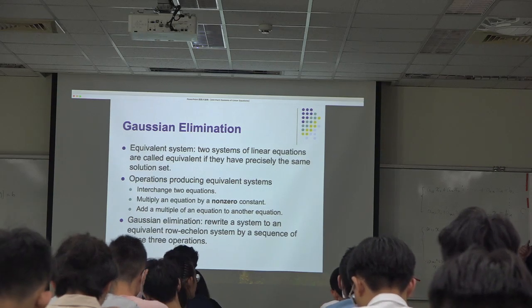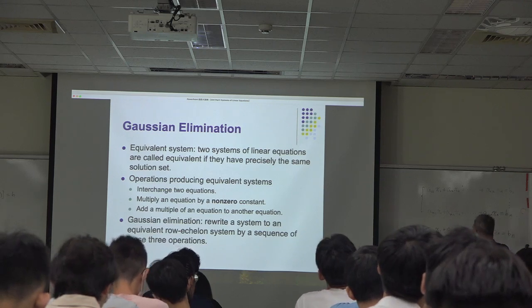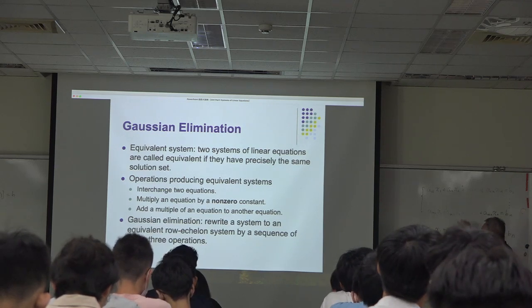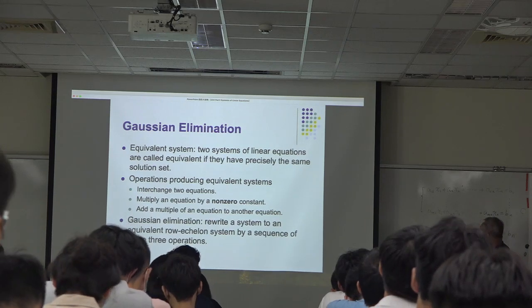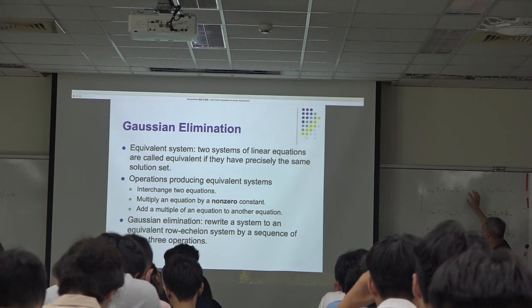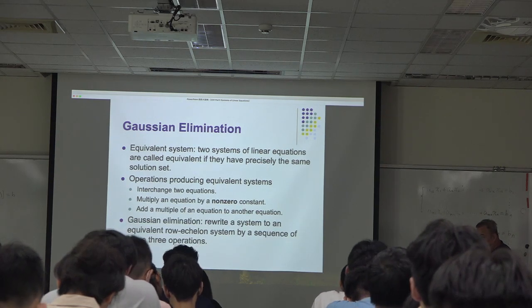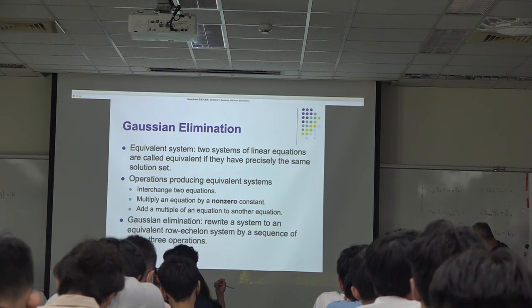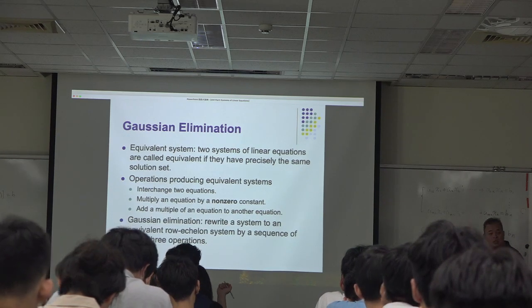Now I need to show that any solution here is a solution here. These are two different systems of linear equations. I want to show any solution here is also a solution here, and also if I have any solution here, it will be a solution here as well.